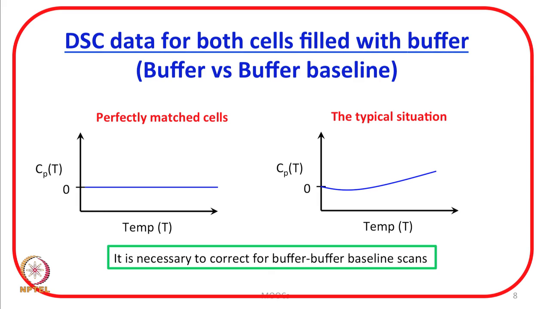So, if we want to study the unfolding of a protein by means of heat, and we want to use the differential scanning calorimeter to get relevant information, we will need to do two experiments.